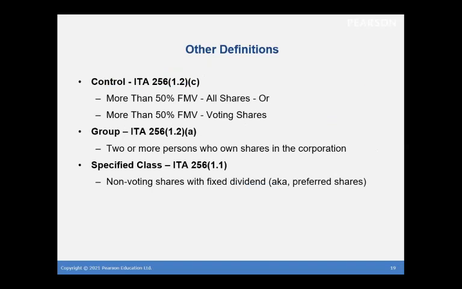Again, for this purpose, when we say control, this is going to mean more than 50% of the fair market value or more than 50% of the voting shares. When you get into these examples and questions, it'll be very obviously laid out: this person has this percentage, this person has that. So you don't have to go any farther than that for purposes of these rules.